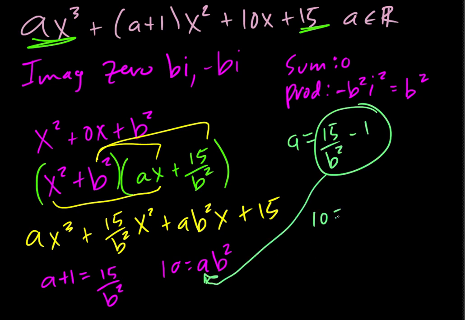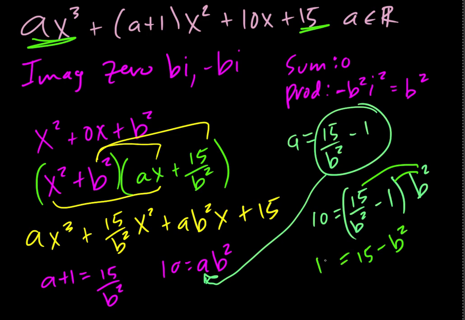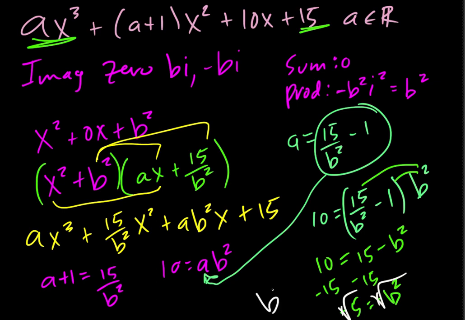So I get 10 is equal to 15 over b squared minus 1 times b squared. Distribute that to both of these. That gives me 15, because the b squareds would cancel, minus b squared. Subtract 15, so that's negative 5 equals negative b squared. The negatives on both sides would just cancel. And then I can square root both sides, and so b is equal to plus or minus the square root of 5.